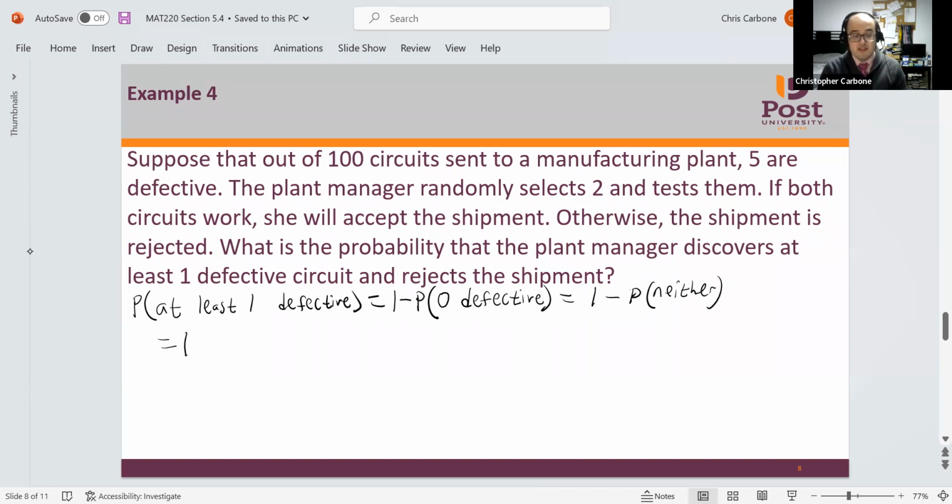So what does that mean? This is 1 minus the probability of the first one not being defective, times the probability the second is not defective, given the first one was not defective.